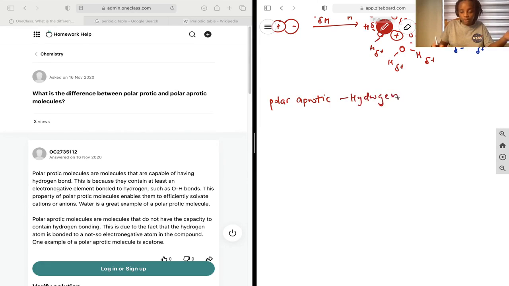So it's still polar, it just doesn't have the capability of hydrogen bonding, which doesn't allow it to do all of these special tricks that water does.